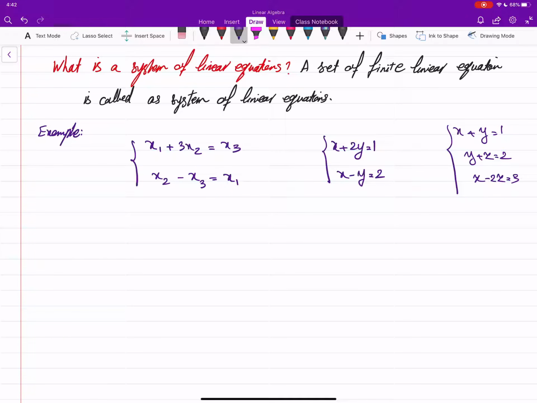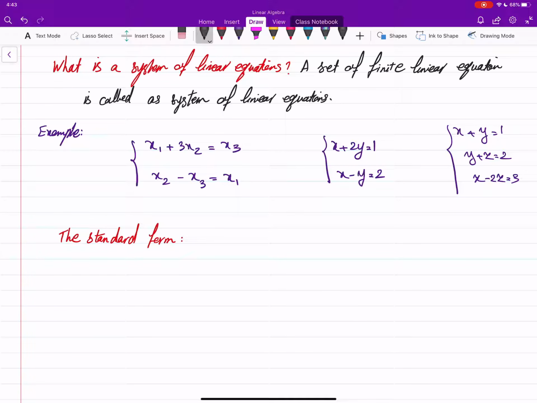There is a format for writing these equations that is very useful. It's called the standard form, standard form for SLEs, systems of linear equations.